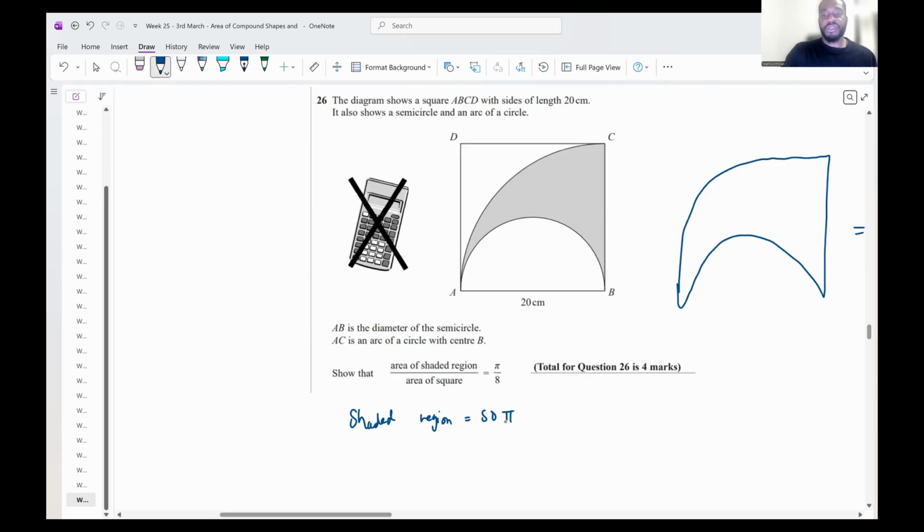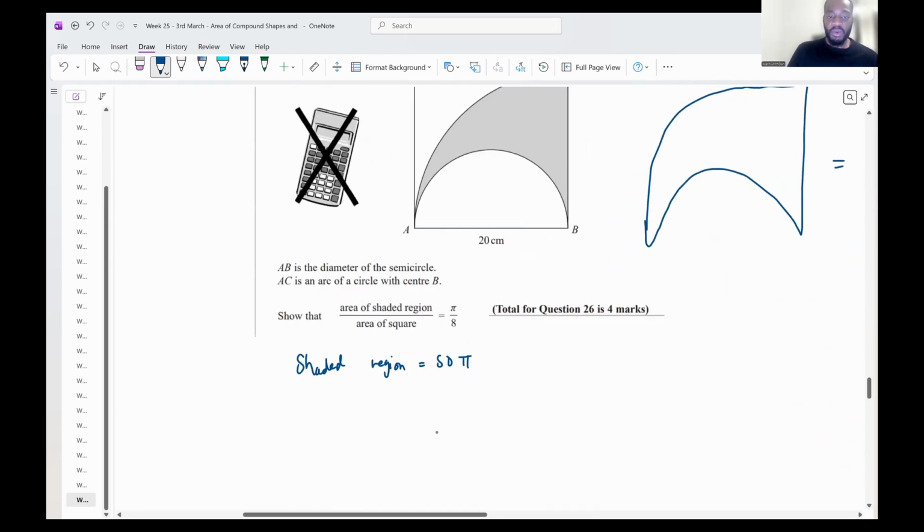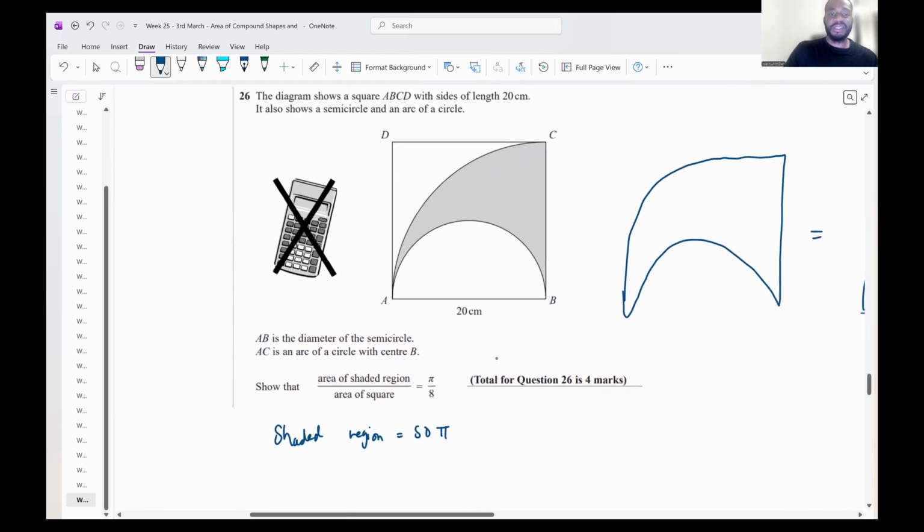Now we want the area of the square, right? How do we work that out? Well, that's easy. This is the easiest part. It's 20 by 20, right? It's a square, the sides are the same. 20 times 20 is 400. So the area of the square is equal to 20 times 20, which is equal to 400.